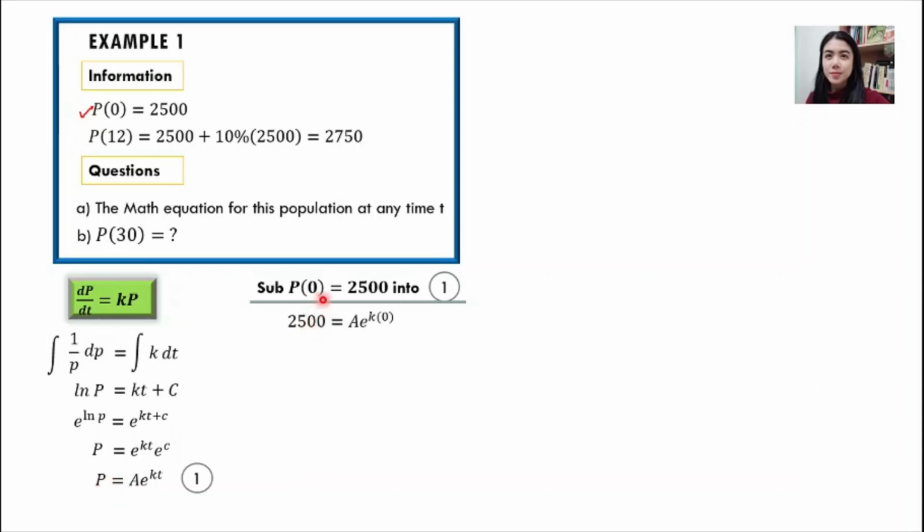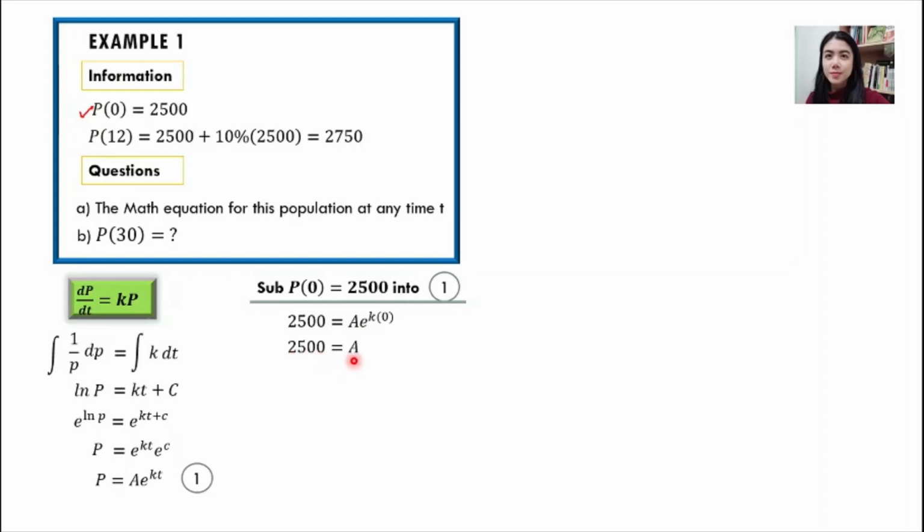And your time is equal to 0, so we substitute time equal to 0 here. So you have the next line. Now, k multiplied with 0 will give you 0. So e to the power of 0 is actually 1. So for the right hand side, you will have only a. So your value of a is actually 2500.